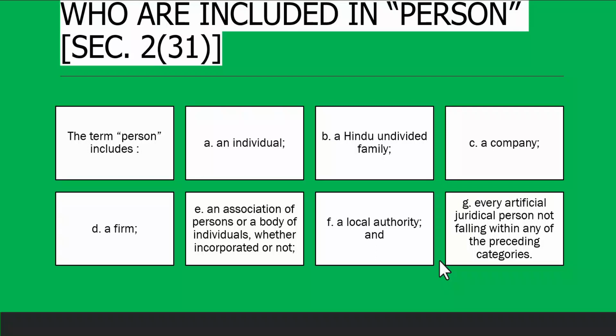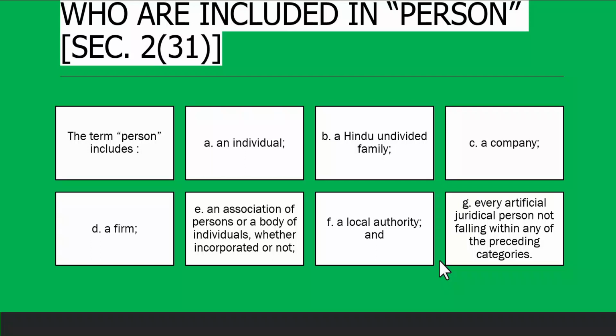Hindu undivided family. Now, there is something called HUF. For example, I have my HUF because, when my father or my ancestors died, they left some property. So, that belongs to my family. So, whatever income I derive from that property is the income of HUF. For example, I have a commercial property which is in the name of my HUF.